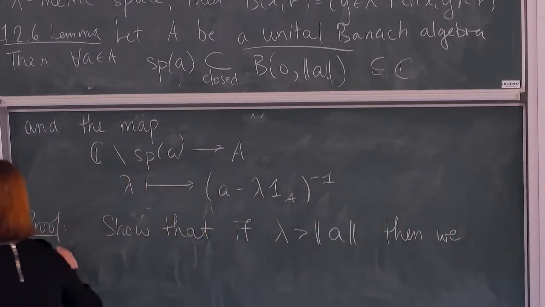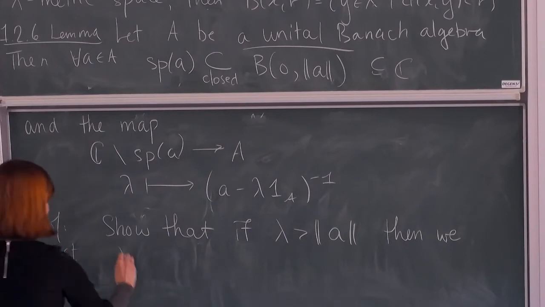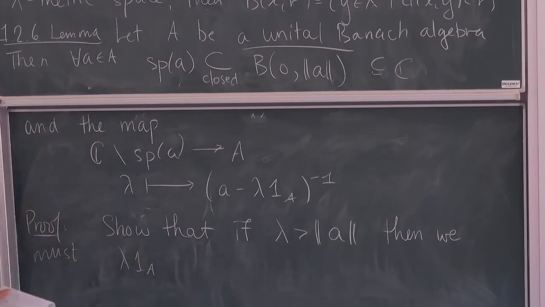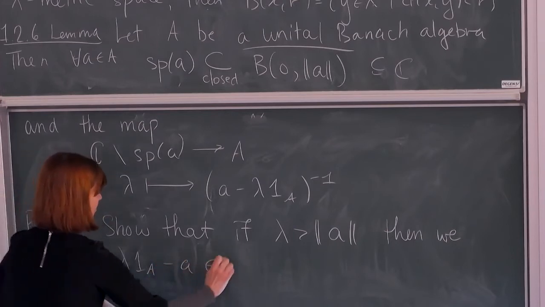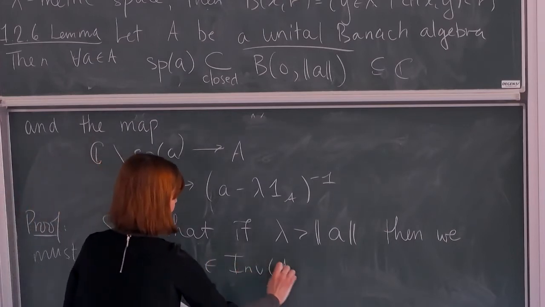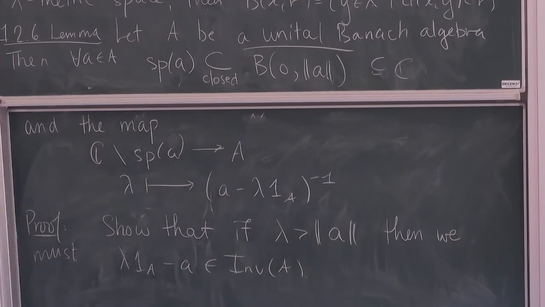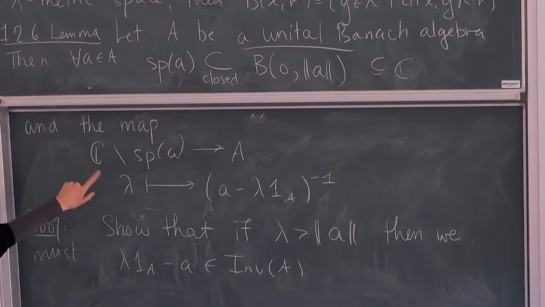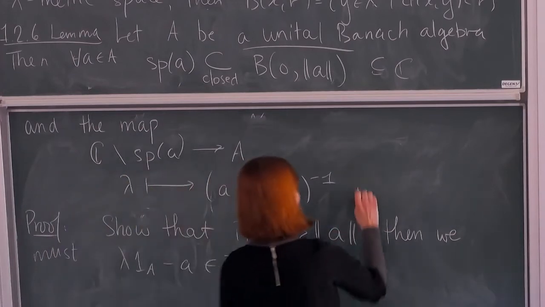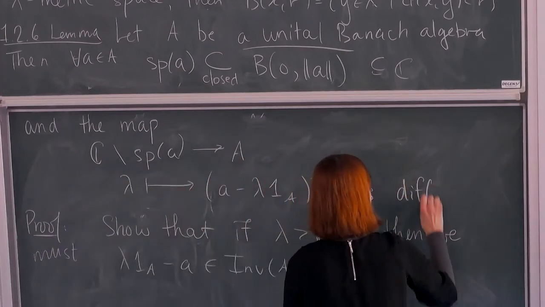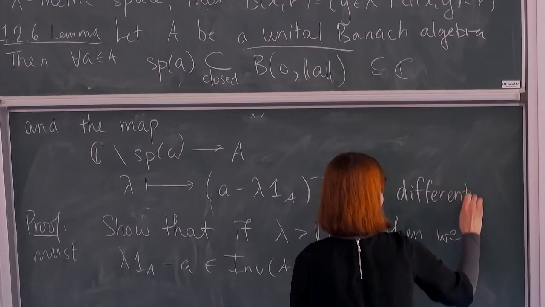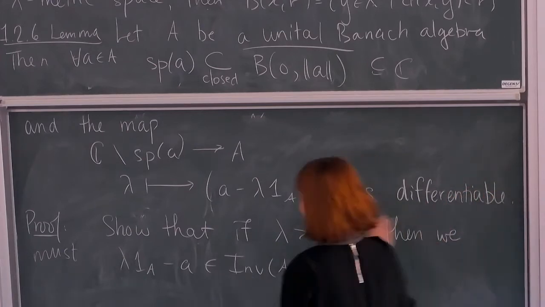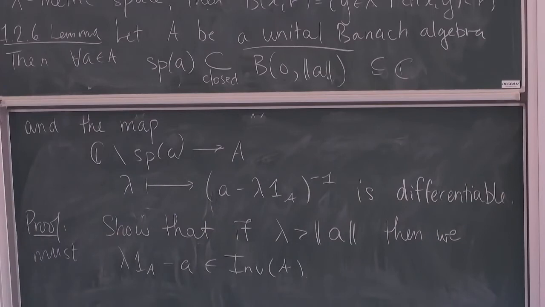This is a reasonably easy exercise based on all the other things we've shown today. And once you've done this, of course, it follows immediately that this is actually a closed subset. And as I said, the differentiability of this map then follows from what we just saw.